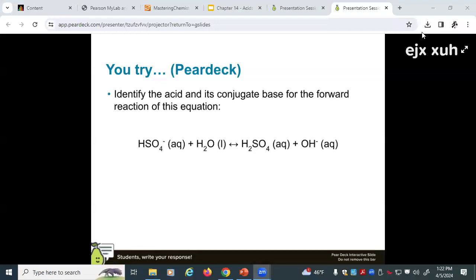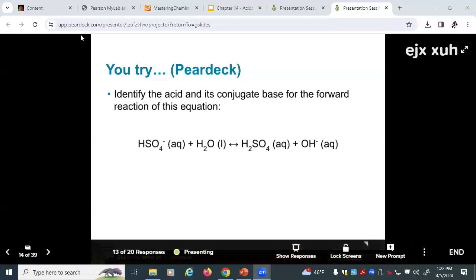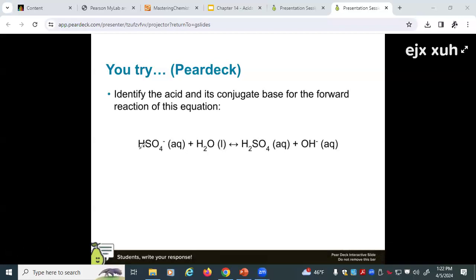Okay, let's start by at least trying to identify the pairs. So HSO4 negative, what is its pairing substance? What is its conjugate? Sulfuric acid. Again, how do we know that?